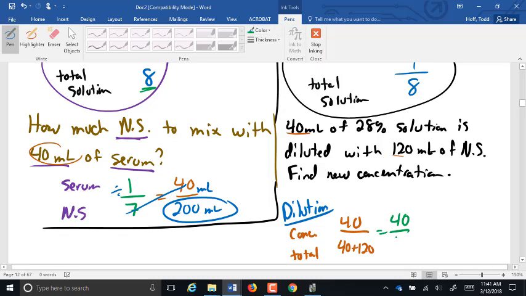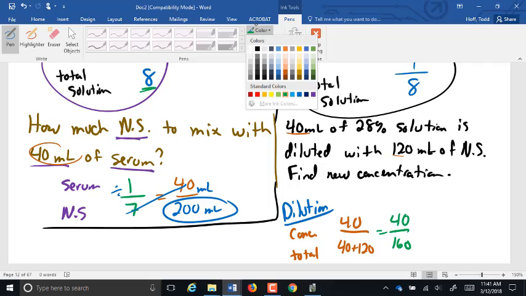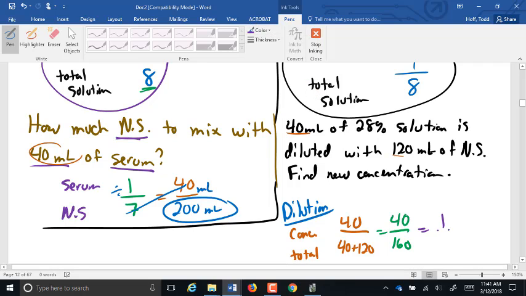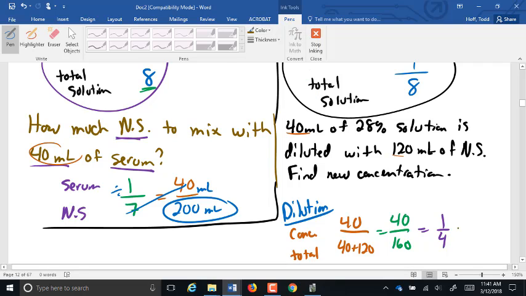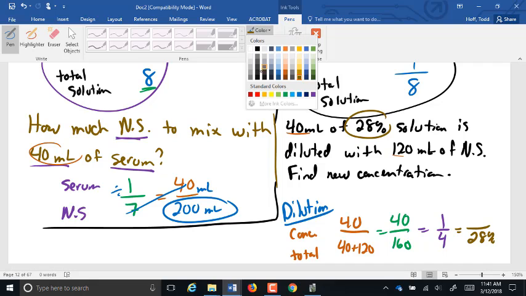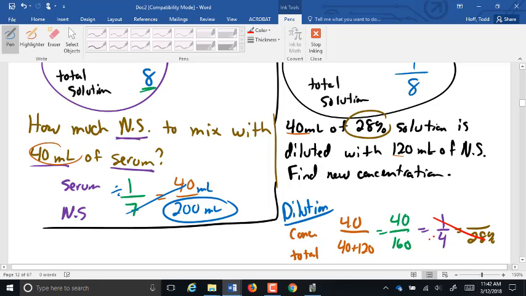So that gave us 40 over 160, which reduces to a 1 in 4 dilution. Now then, that is our ratio of concentrations. 28% is going to be the larger concentration because we're diluting it down. We cross multiply and divide: 1 times 28 divided by 4 goes to a 7% concentration.